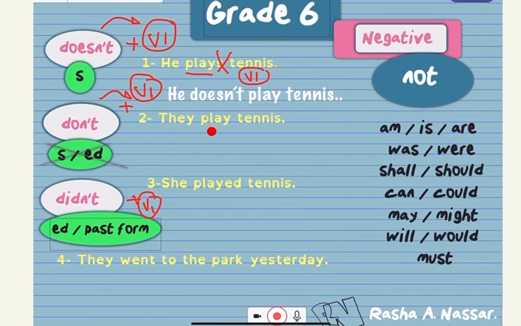Number 2, they play tennis. Where is the verb? Play. So, do you see S? No. Do you see ed? No. Do you see any past form? No. This is play. So, I don't see S, I don't see ed. So, when I want to change this sentence into negative, I will use doesn't or don't or didn't.